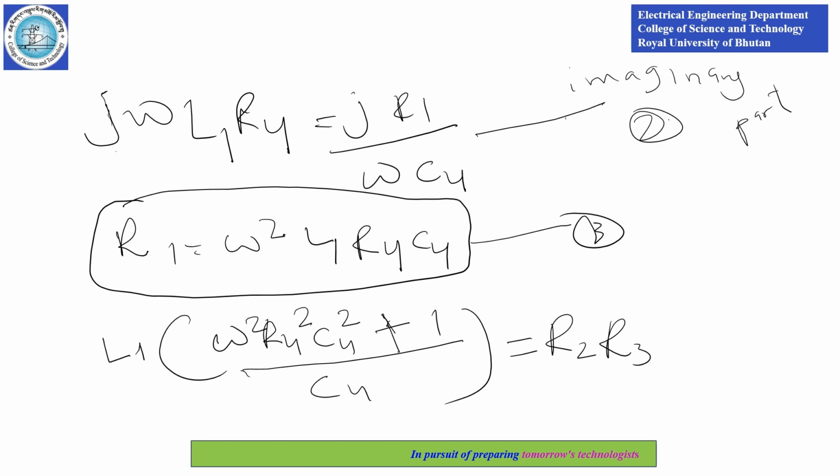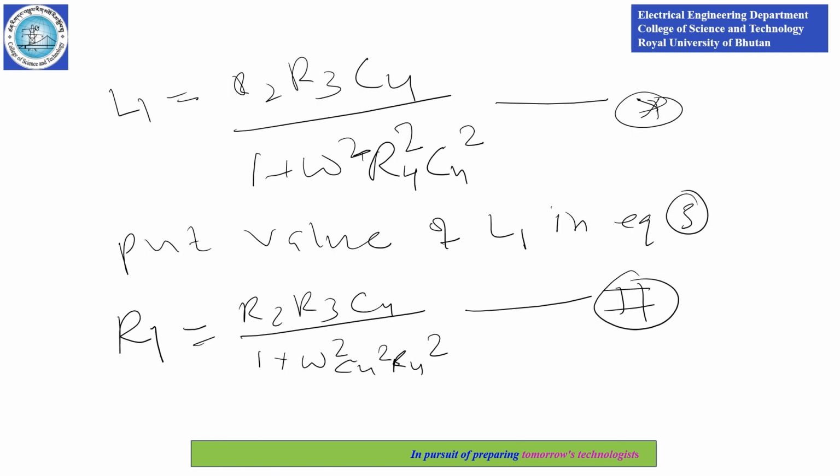Then from here we take L1 out, and after taking L1 out, we get L1 times (omega square R4 square C4 square plus 1) divided by C4 equals R2 R3. Now making L1 the subject, we get L1 equals R2 R3 C4 divided by 1 plus omega square R4 square C4 square.